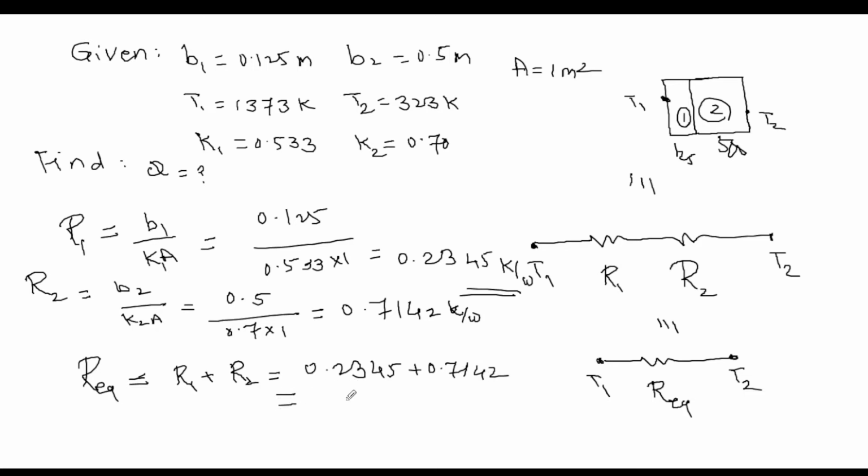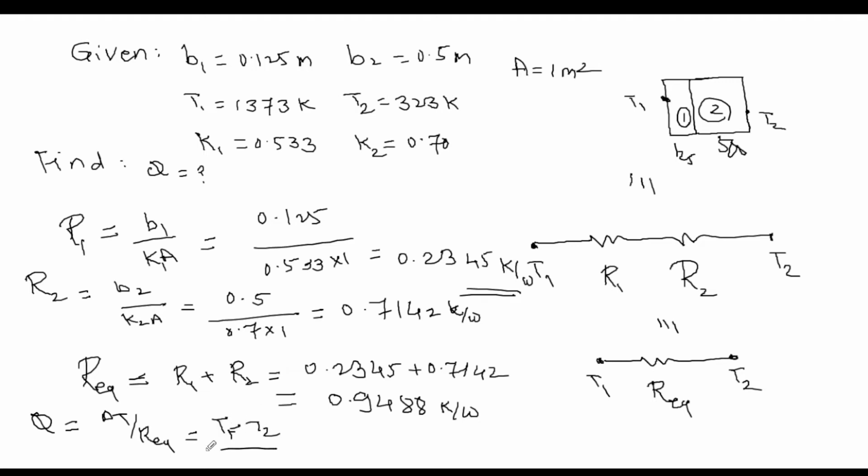We will get R equivalent as 0.9488 Kelvin per watt. Once we get R equivalent, then Q equals delta T on R equivalent, where delta T is T1 minus T2.